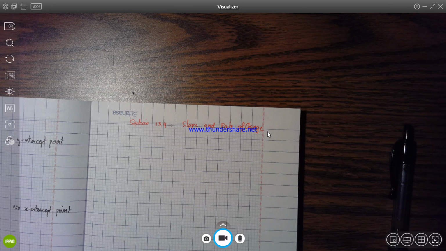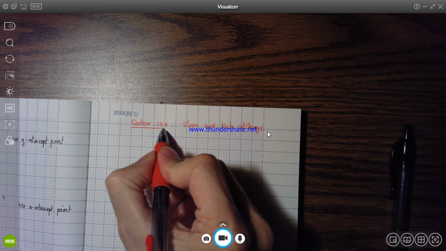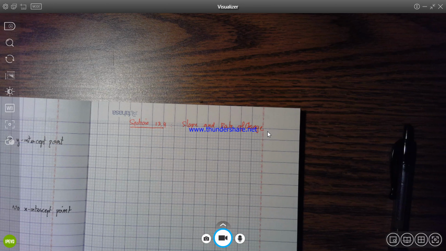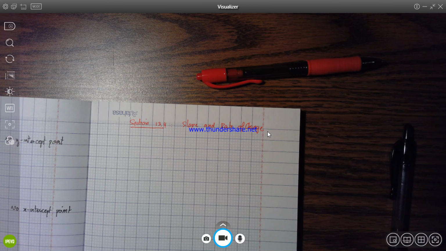Some of you are not. That's okay. I'm going to talk about slope, and I will tell you exactly what it is. But before doing that, I will introduce you to another form of linear function or linear equation.